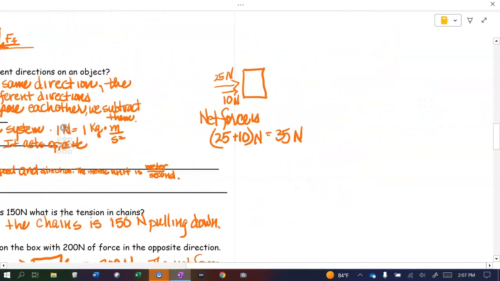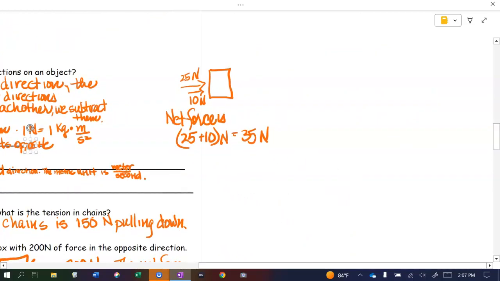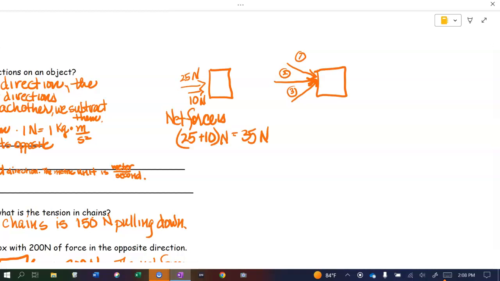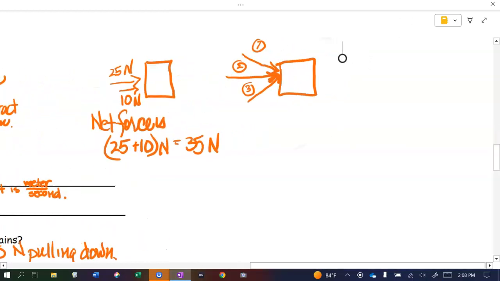All right, now, the other way that we talk about it is, let's say we have this object, and then we have a force acting in this direction, a force acting in this direction, and then a force acting in this direction. We'll call this force 1, force 2, force 3. What is the sum of those forces?